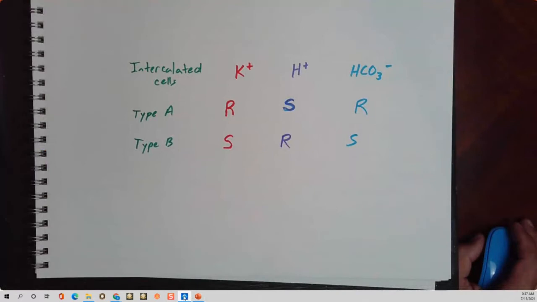You guys remember this quick table that we pounded out yesterday? If I have acidosis, what did we say the body's going to try to do with all those excess hydrogens? Reabsorb more or secrete them? We already have too many hydrogens. What's the body going to want to do? Secrete them or reabsorb more? So what type of intercalated cells are going to be functioning in this process?